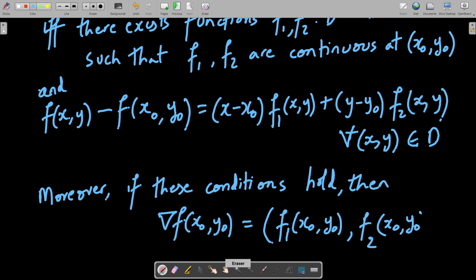So yeah, the gradient of f turns out to be these functions f1 and f2 at (x0, y0) over there.